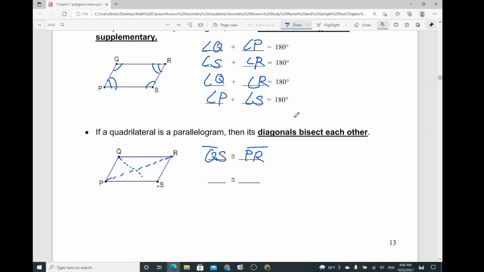So instead of just saying the diagonals are congruent, let's say there's a point of intersection of those two diagonals. Let's say this one is point G. That means QG is congruent to SG, and PG is congruent to RG, just like that.